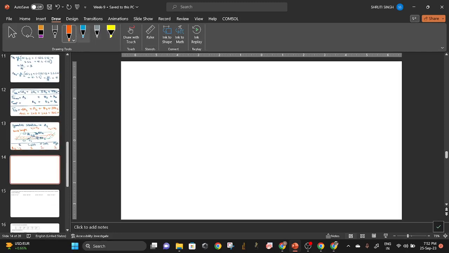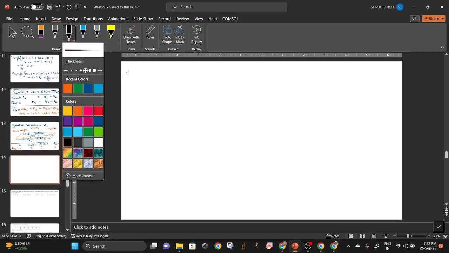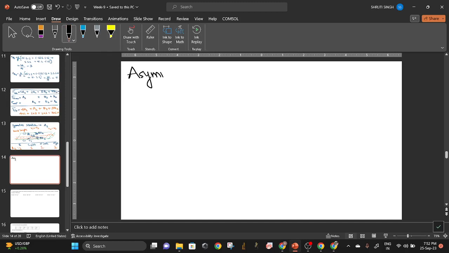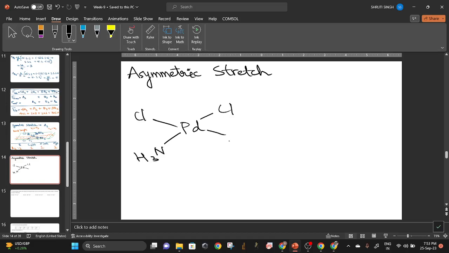Next we need to check for asymmetric stretch. So asymmetric stretch is like, if this molecule is like this, suppose these are the initial bond lengths. If this is getting stretched more, this will be stretching less, and again if this is stretching more, this will be stretched less.